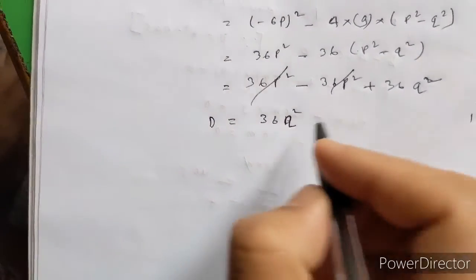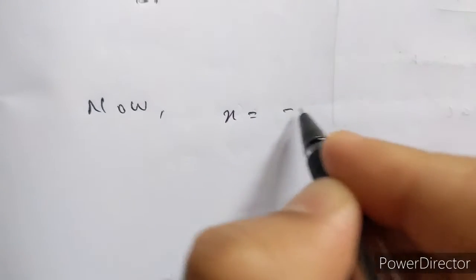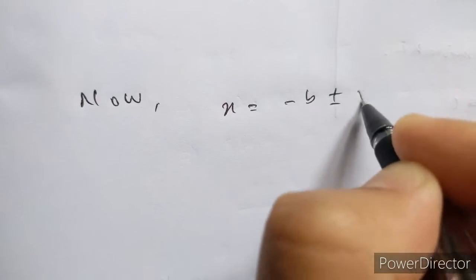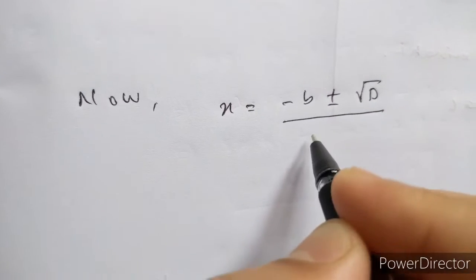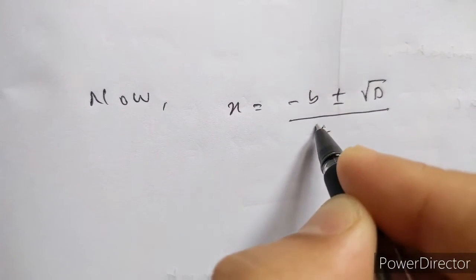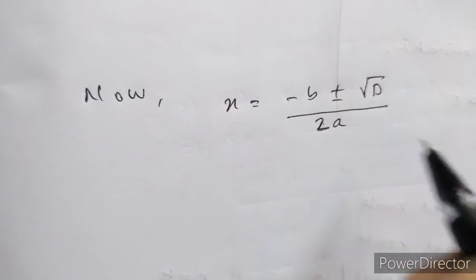So if you put this value, now we have to find the value of x by using quadratic formula. Minus b plus minus root over d by 2a.